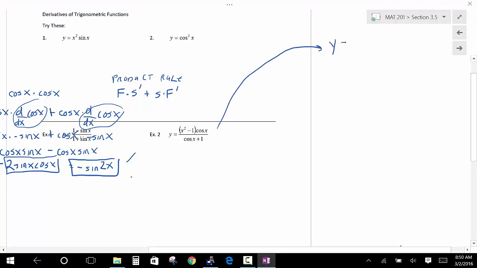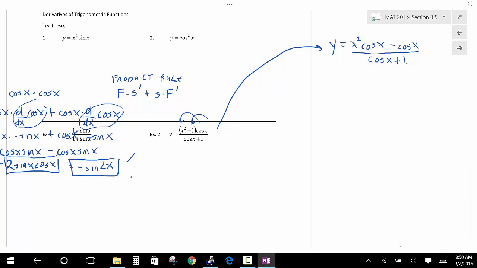Multiplying this out gives x squared cosine x minus cosine x. Then we leave the denominator alone and use the quotient rule. That would be one way to do it. You don't have to do it that way, but to me it's good just to multiply that out.